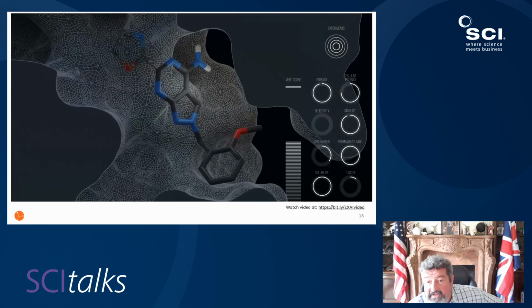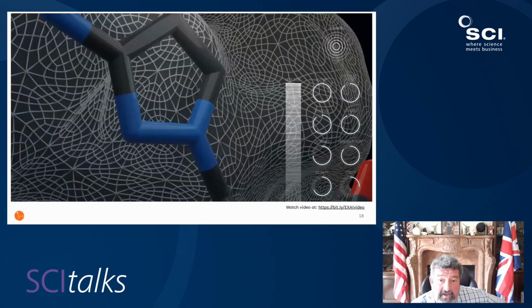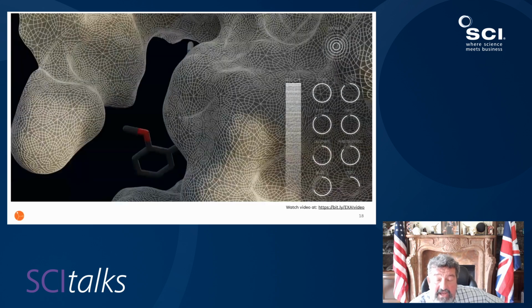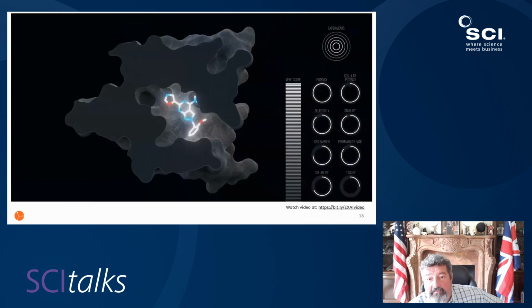At the end, you can see this merit score moving up and down, and here we have, figuratively, a drug candidate highly complementary to the target, but also with good drug-like properties, lower toxicity risk, lower off-target interaction risk, and so forth.